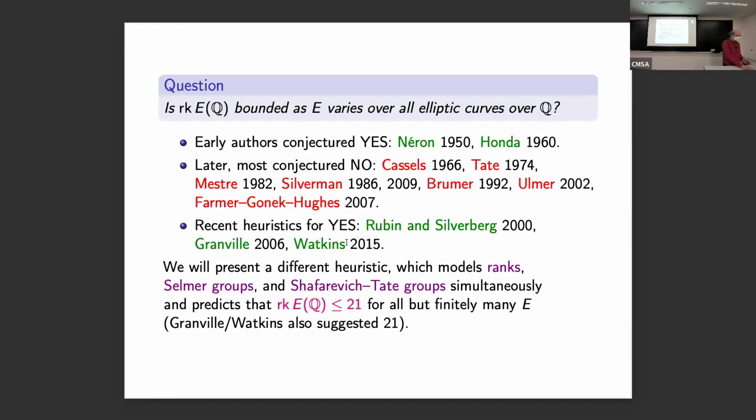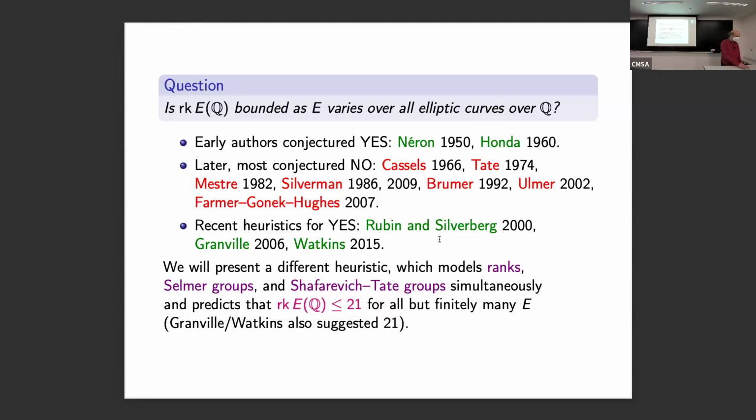On the other hand, more recently, there have been various authors who've given various heuristics and models that suggest that maybe actually the rank is bounded. If you talk to experts in the field, you'll get a split opinion about whether it's bounded. But I want to convince you why I'm right, and why it actually should be bounded.